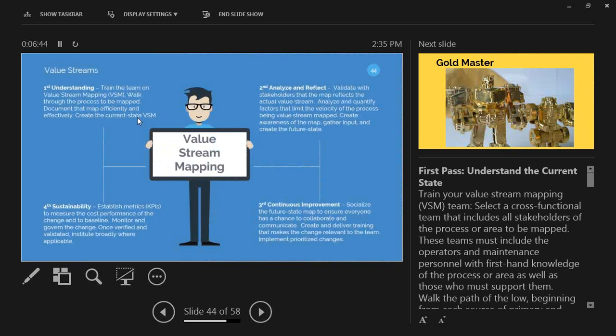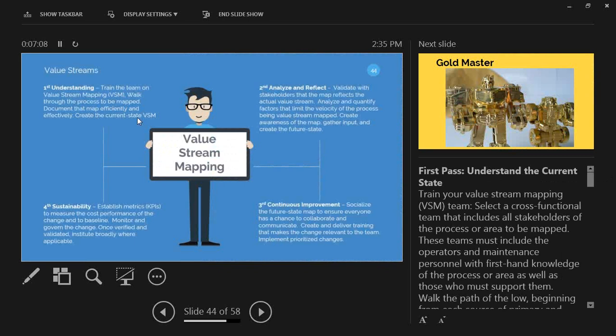I've got to make sure everybody agrees that we captured this current process, and that the future state is something we can actually do. We train people how that's going to work so that they can hit the ground running, because most people are not afraid of change as much as they are afraid of not knowing how to do their job. If we're going to make a change, what do I need to know to do my job effectively and efficiently?